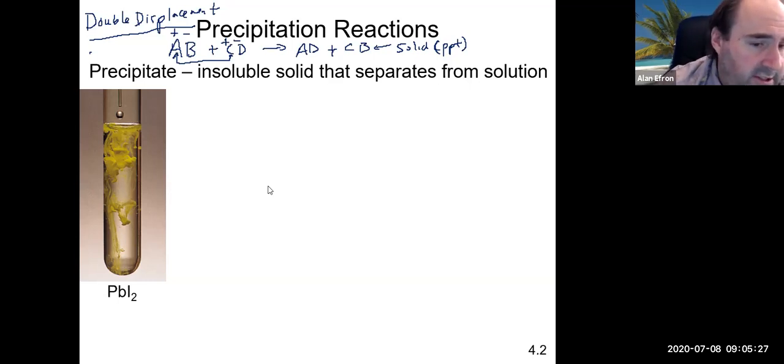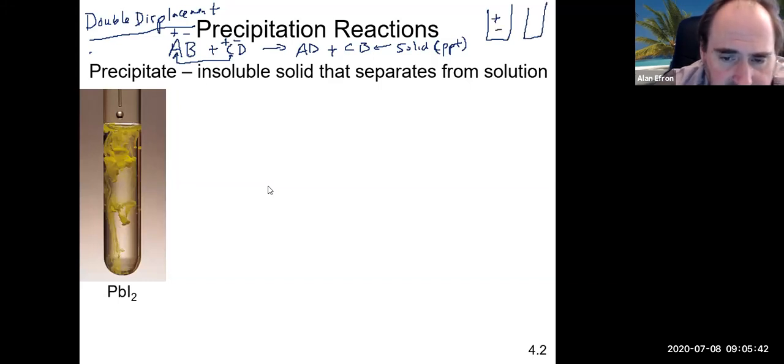So precipitation occurs a lot of times when you take two solutions, no solids involved, and mix them together. Those two solutions have a bunch of ions floating around: in this test tube, positive and negative ions floating around, and in this test tube, something else, positive and negative ions floating around.